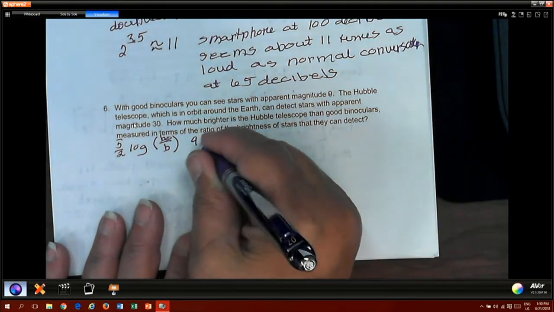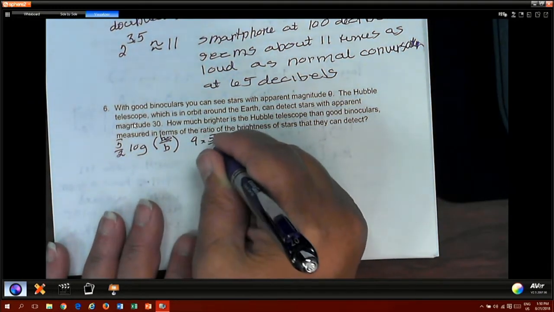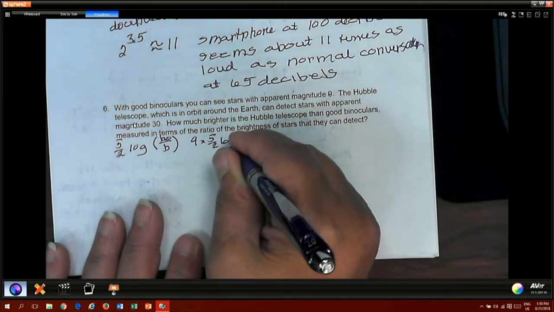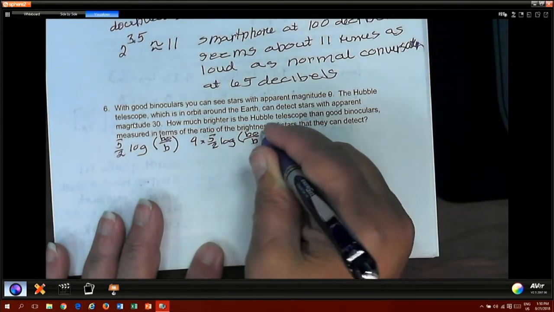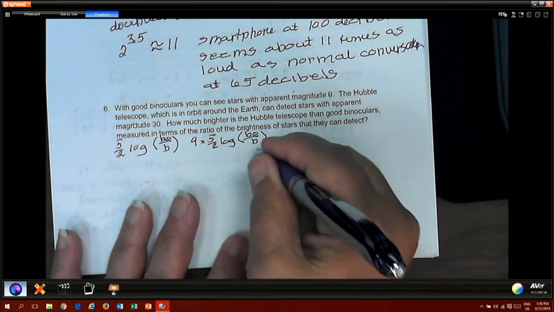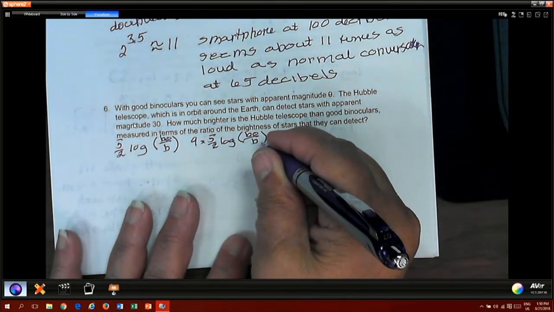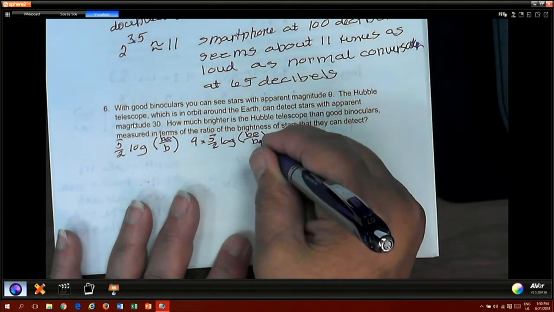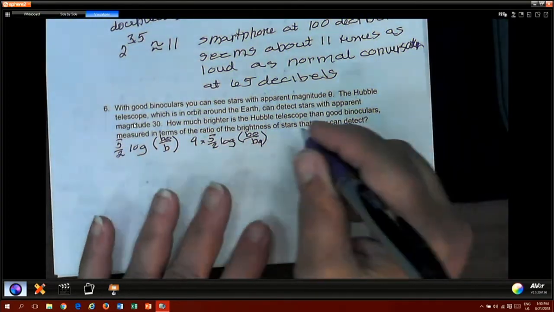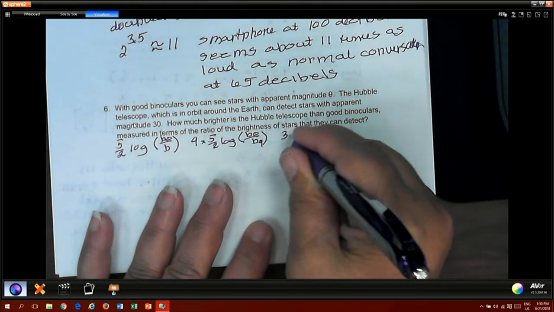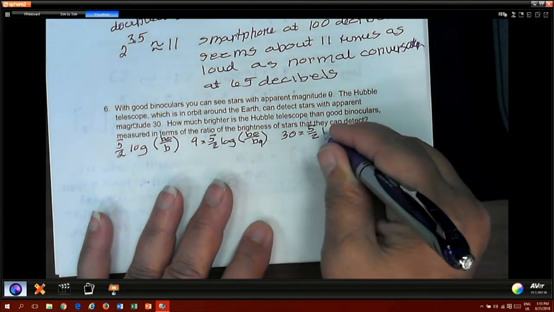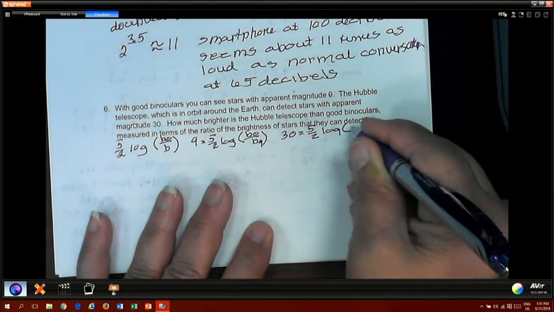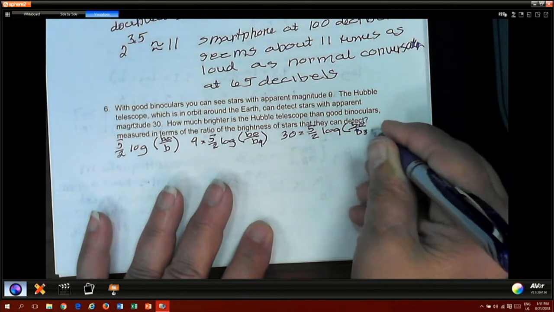So 9 equals 5/2 log b sub 0 over b sub 9. We could say with binoculars or whatever. And 30 equals 5/2 log b sub 0 over b sub 30.